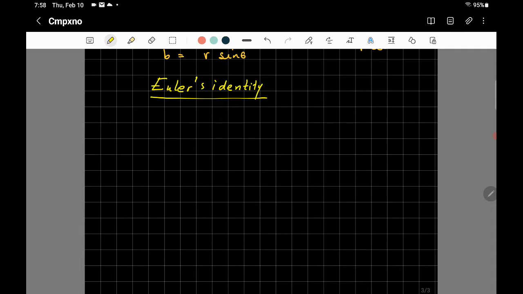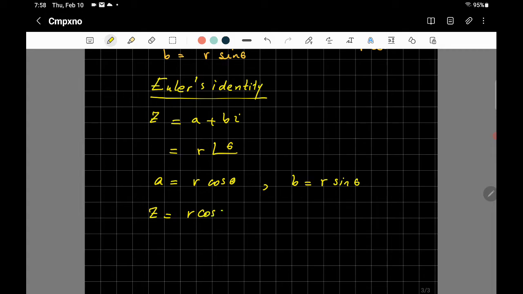We know that if you have the complex number A plus Bi, it can be expressed as R and angle theta, and we know that A is equal to R cosine theta and B is equal to R sine theta. So the complex number can be written as R cosine theta plus R sine theta i. That's the real part A, and that's the imaginary part B.